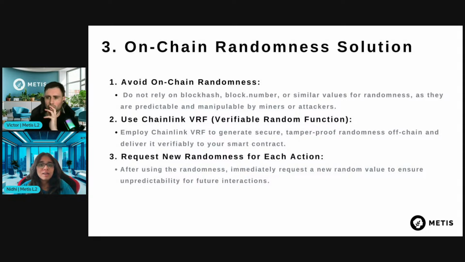Chainlink VRF is a widely used solution for generating tamper-proof randomness. Also, random values should not be reused across multiple contract interactions. Once a random value has been consumed, request a new one for the new interaction. This minimizes predictability and ensures that every interaction is unique and secure.